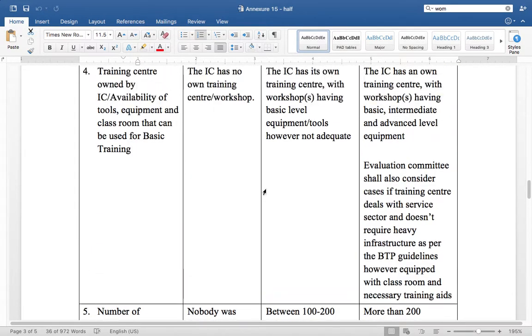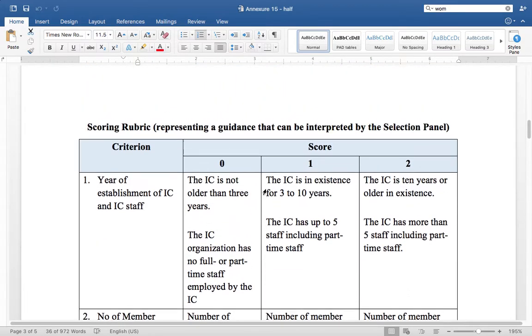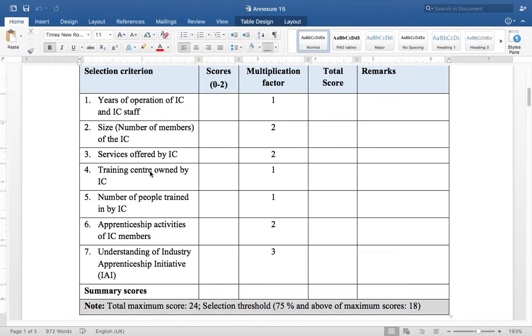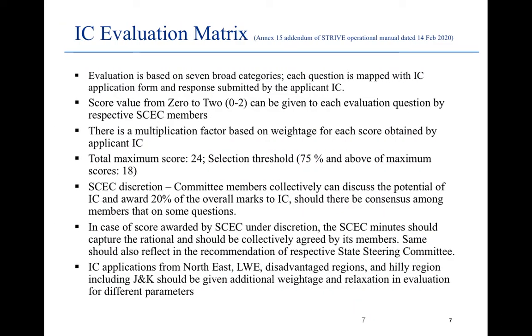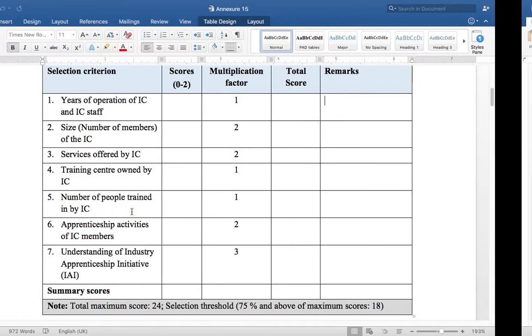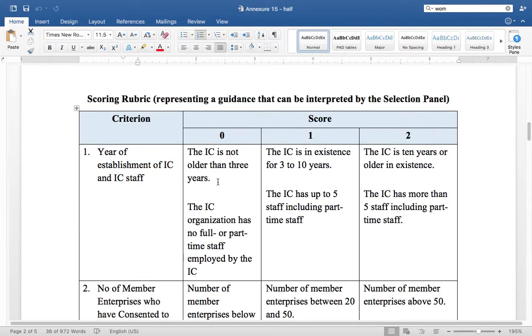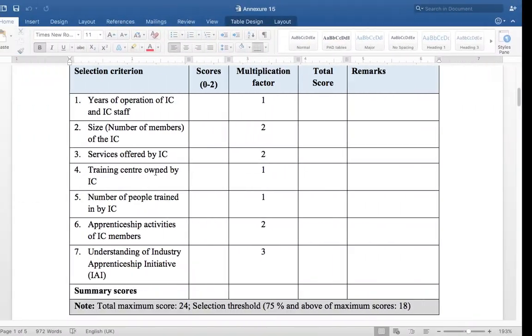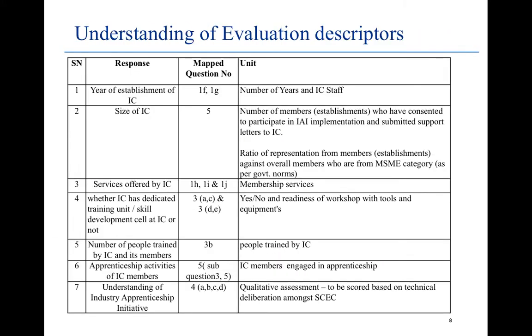Now, going back to the evaluation exercise, what we also understand is that there are 7 questions, and for each of the 7 broad categories, markings were allocated. We also understood after the pilot learning that it is important to map the evaluation category with a particular question number. So this time we would also like to mention the evaluation descriptors.